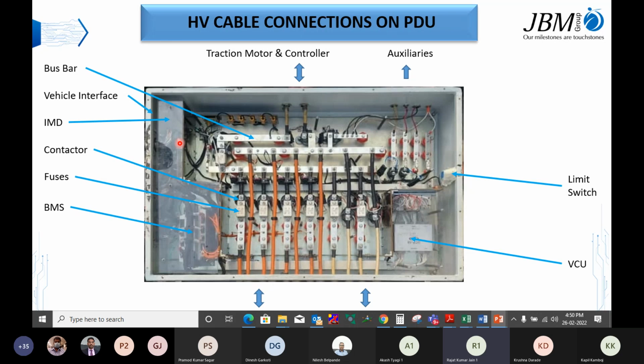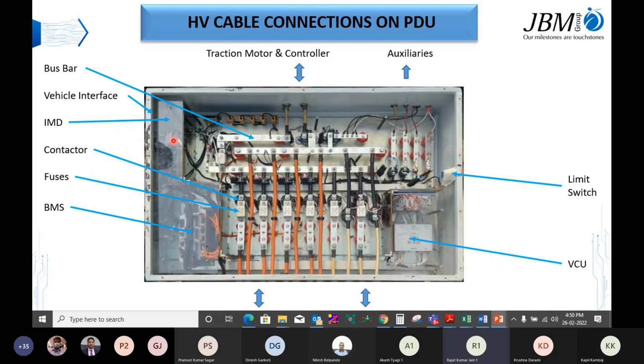If any of the insulation is compromised, this device is capable of detecting that and shutting down the overall high voltage system.